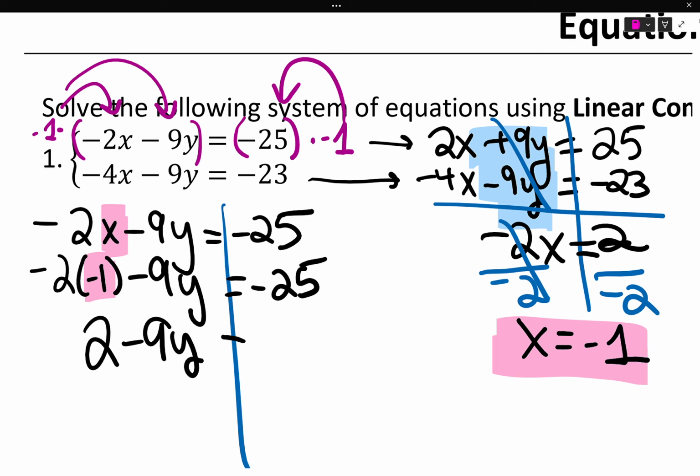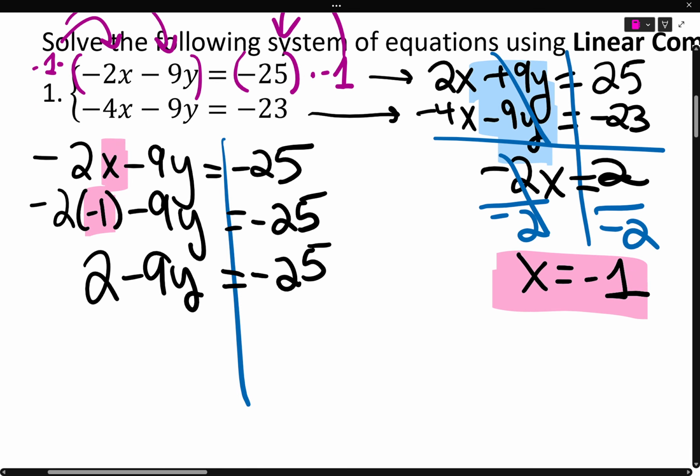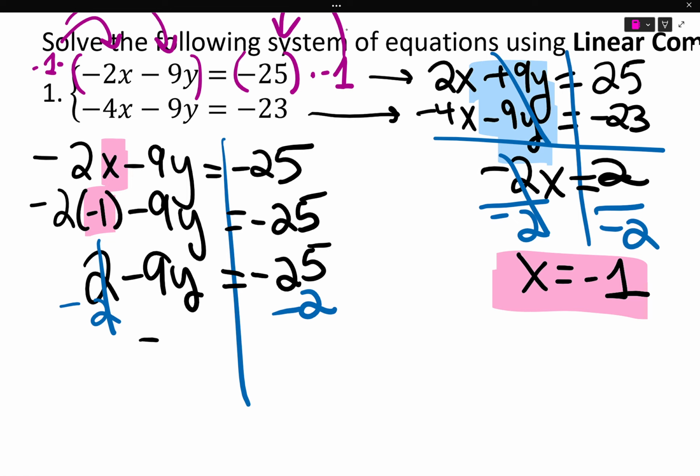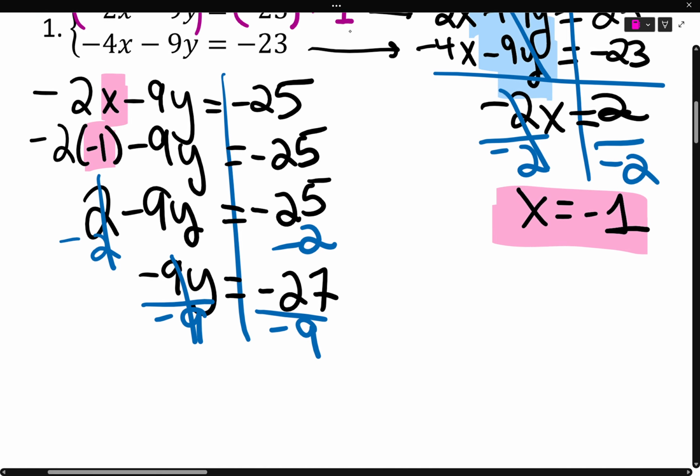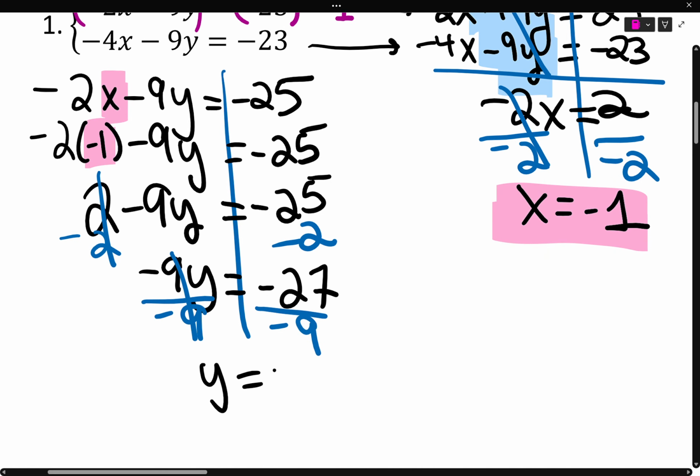Everything else stays the same. We have 2 more steps to take, and that's to subtract 2 from both sides, and then to divide by -9. Y equals 3. Don't forget, we've got to write our answer this way.